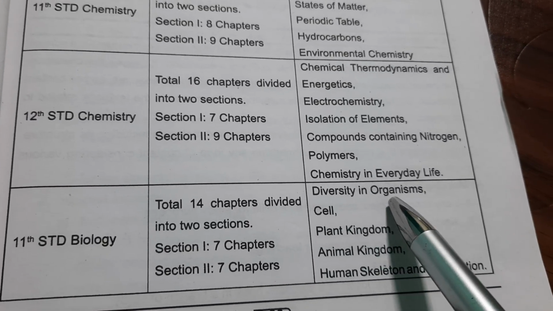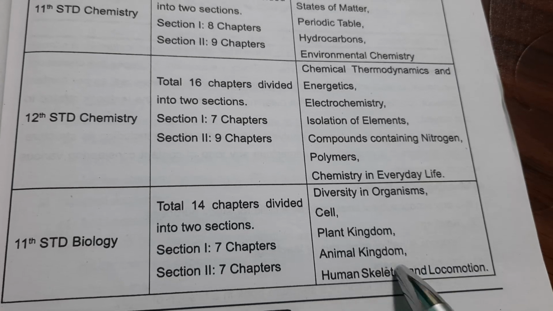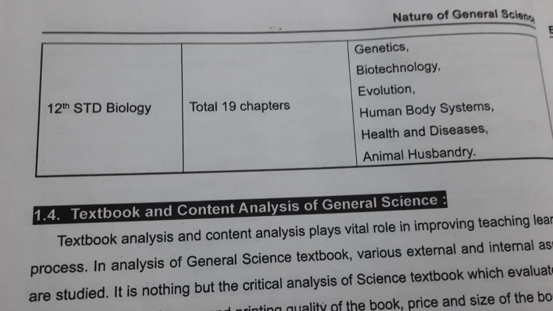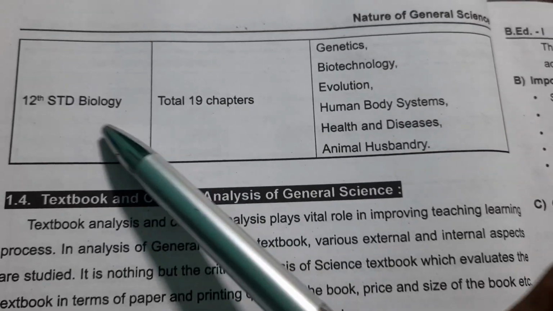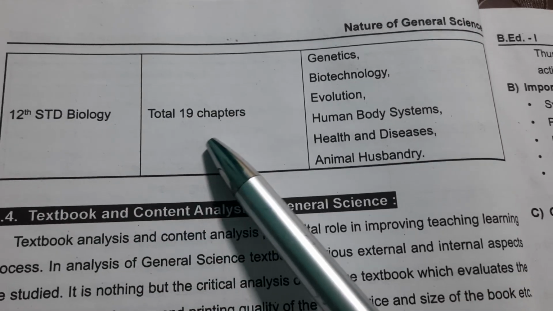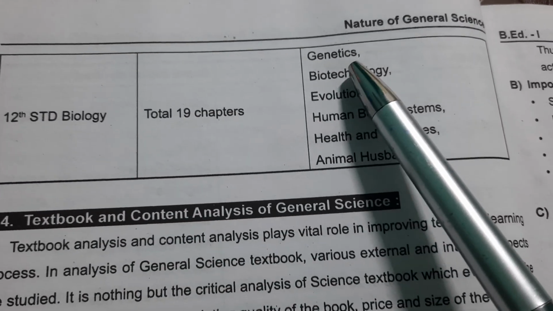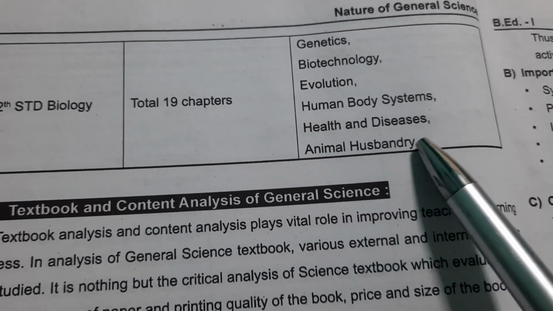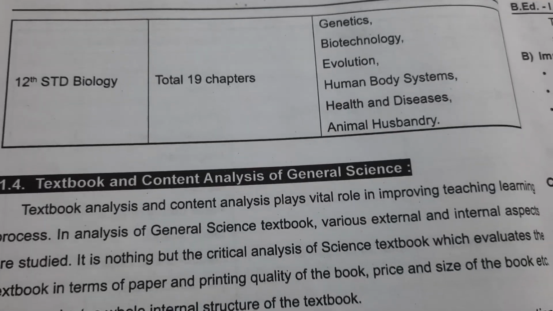Here: diversity of organisms, cell, plant kingdom, animal kingdom, human skeleton, and locomotion. Next we have 12th standard biology, a total of 19 chapters. In that: genetics, biotechnology, evolution, human body systems, health and disease, animal husbandry.